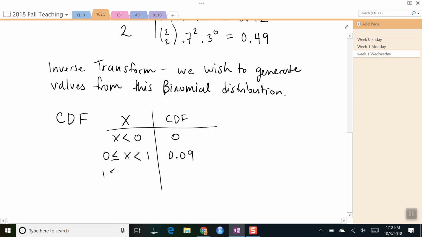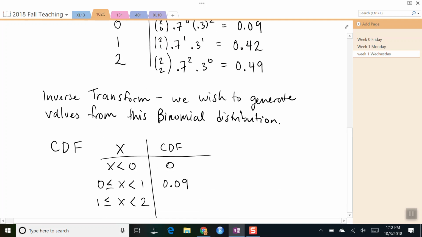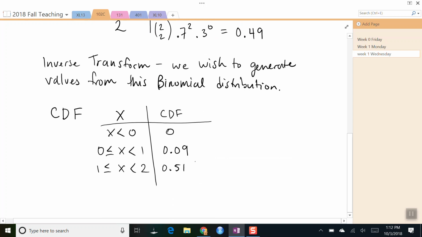Then as soon as we hit 1, until we get to 2, what is my CDF going to be? It's cumulative, so we're going to have 0.51, which is 0.09 plus 0.42. And finally, once we get to 2, our CDF is 1, because we'll add in that last 49%.